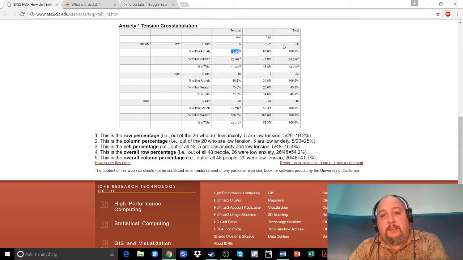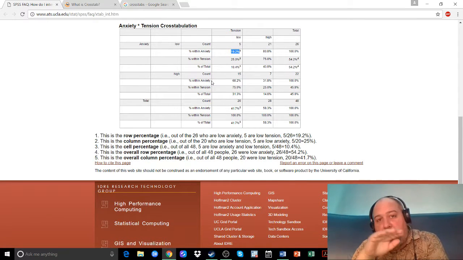I'd say 5 out of the 26 who have low anxiety also have low tension. And then I would say 5 out of the 20 who have low tension have low anxiety. And then I would say 5 of the 48 have both low tension and low anxiety.